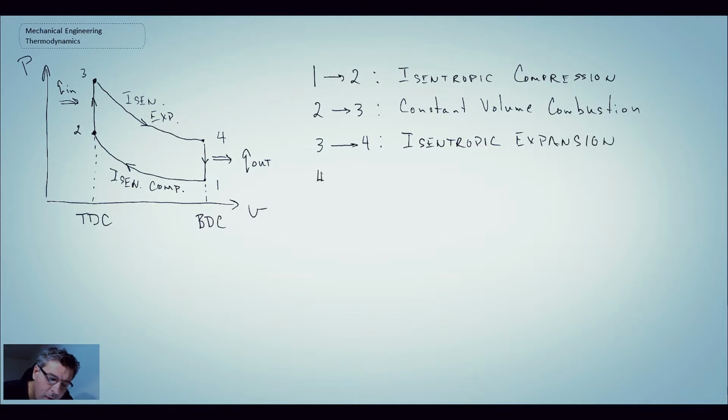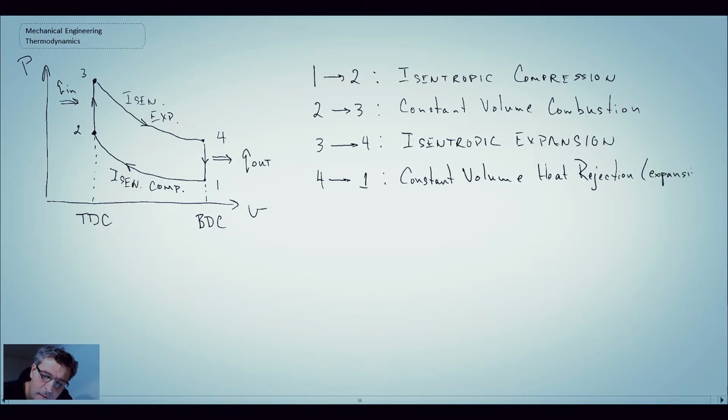And then 4 back to 1 is our exhaust, which we will model as heat rejection, and we'll call that constant volume heat rejection. So those are the four components that we have within our Otto cycle.